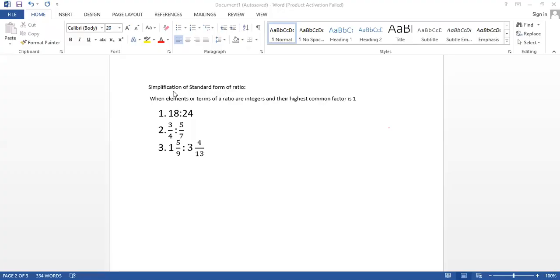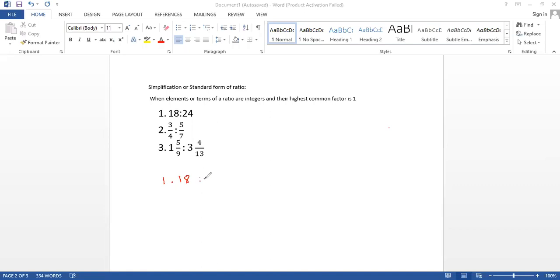Now, simplification, or we also call it standard form of ratio. So simplification or standard form of ratio is when elements or terms of a ratio are integers and their highest common factor is 1, which means that they are no longer divisible. Now, if I calculate for the first one, 18 is to 24 into its simplest form, let me just write it.